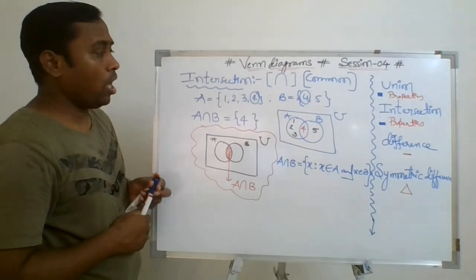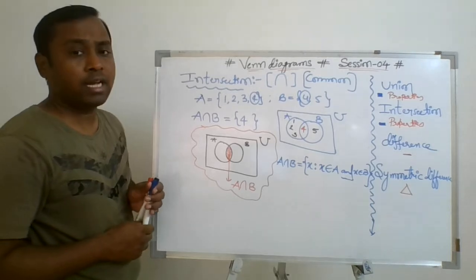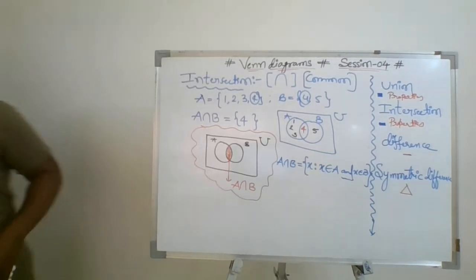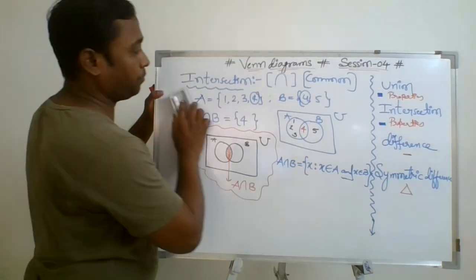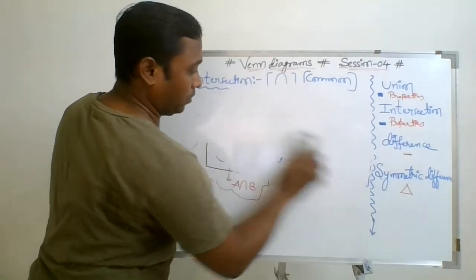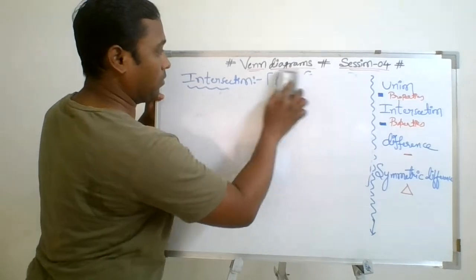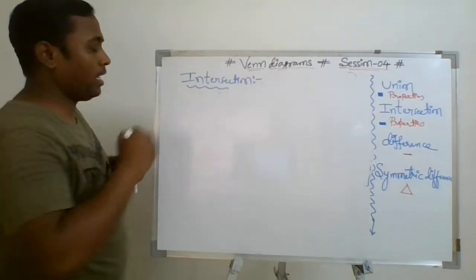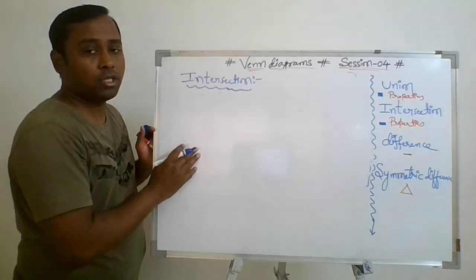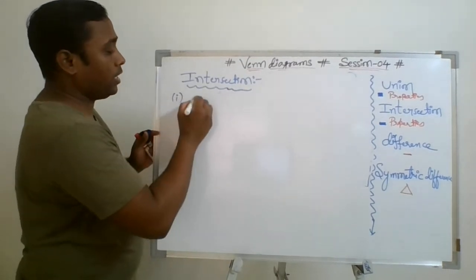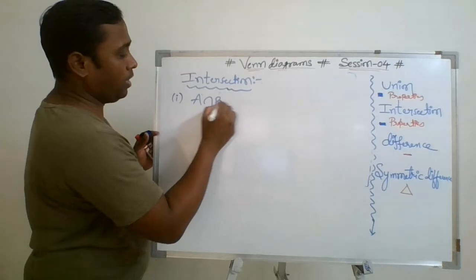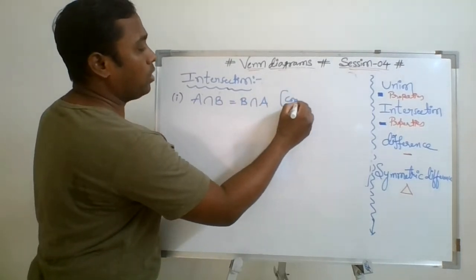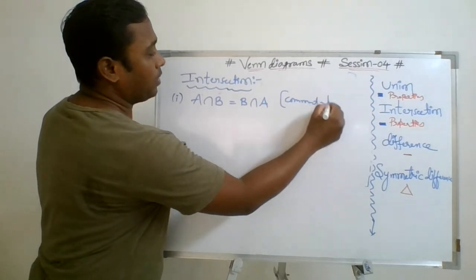Fine. Now in a similar way, we'll try to understand some important properties of intersection. Again, just like we discussed in the union concept, first is A intersection B is equal to B intersection A, which is called the commutative property.